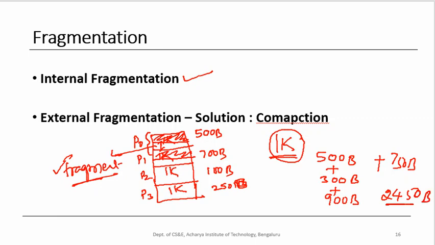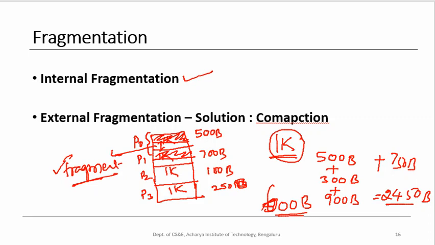bytes remaining. Now suppose we get a process which wants a memory of even 600 bytes, we cannot allocate this space because we don't have contiguous memory.